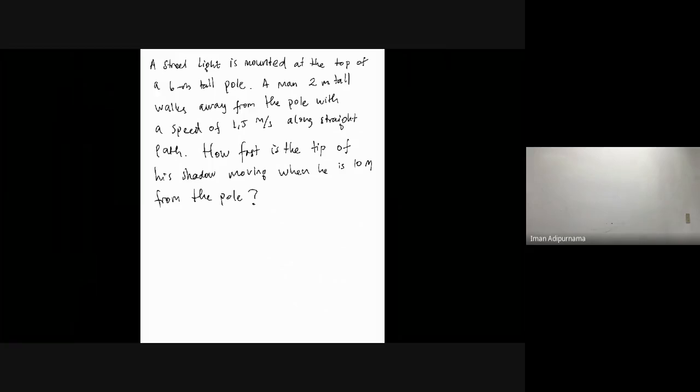The question is asking how fast is the tip of his shadow moving when he's 10 meters away. So when he moves and x is changing, the shadow is moving. So it's asking for the rate of change of the shadow.